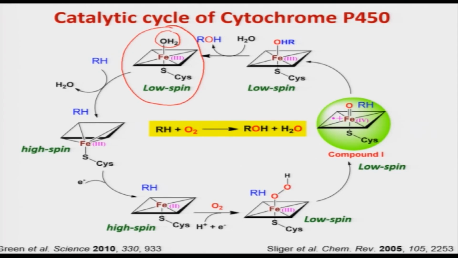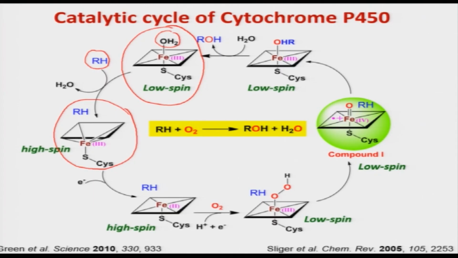Now, when a substrate RH comes close to this molecule, it replaces this water and forms an enzyme-substrate complex as shown. However, there is a remarkable change in the spin state. The iron center, which was low spin in the resting state, now becomes high spin, since it is a five coordinated iron center, although the oxidation state remains iron(III).